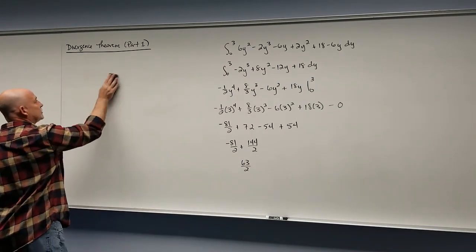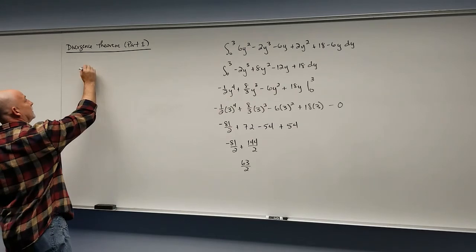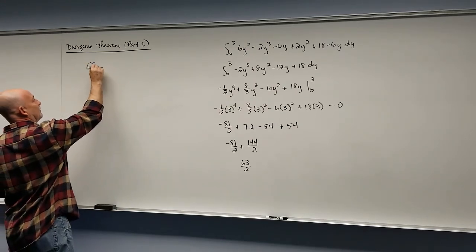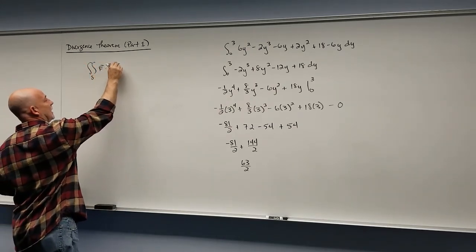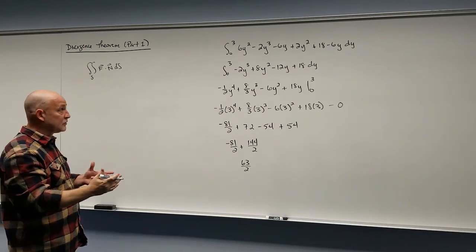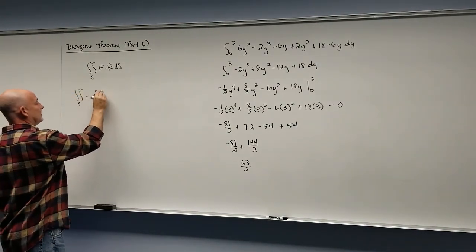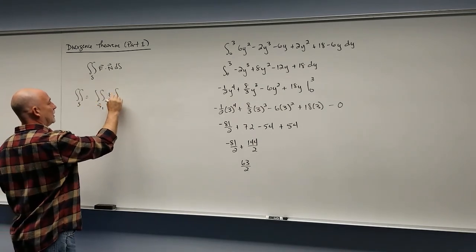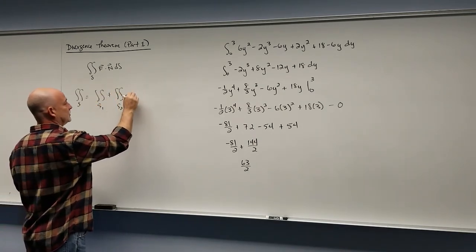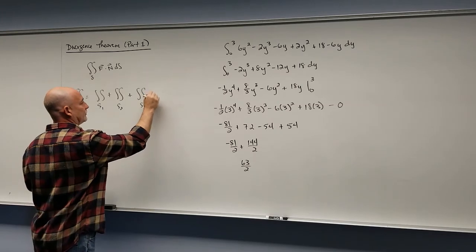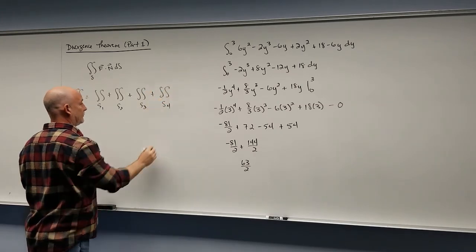We were trying to evaluate the integral of f dot n ds for this volume, for every surface on the volume. So the integral for S is going to be the surface integral for S1, surface integral for S2, the surface integral for S3, and the surface integral for S4.